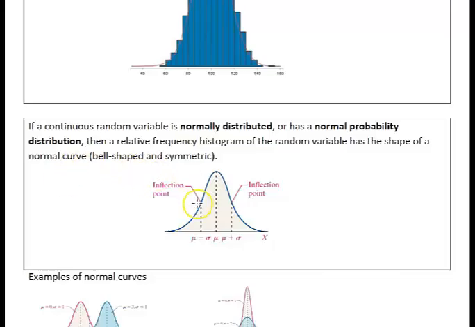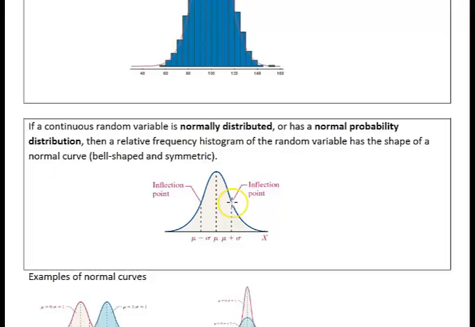But basically what an inflection point means is, if you notice on the lower part of the curve, up until that inflection point, that curve is opening up. And then from this inflection point to the other inflection point, this curve is opening down.